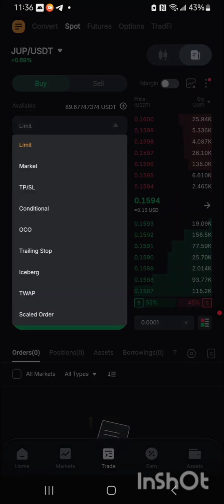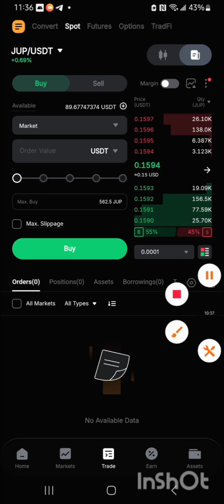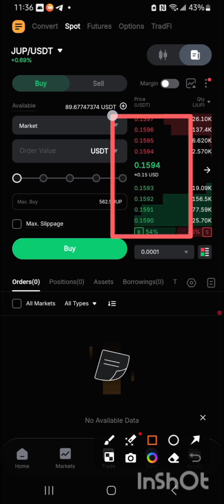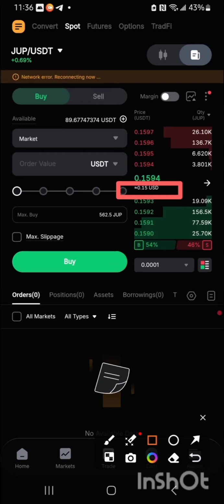You can choose to use limits, but let me use market, because as you can see, the price is quite the same. The prices from the buy side and the sell side are very similar. This one is at 0.15393, this one is at 0.1594, so the difference is only like 1 cent or thereabout.